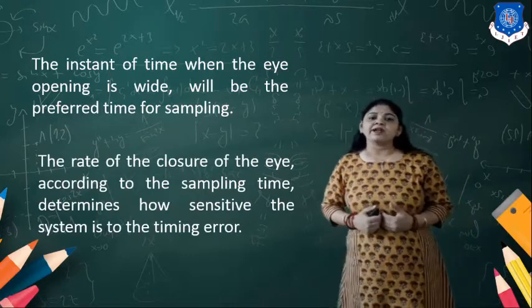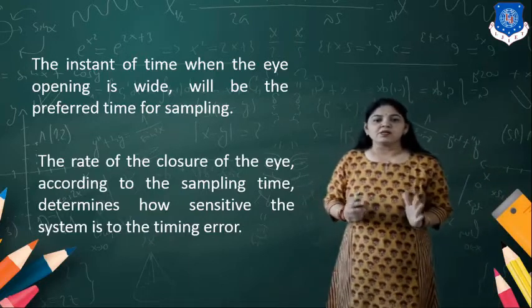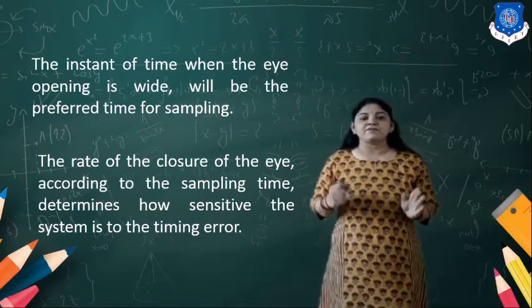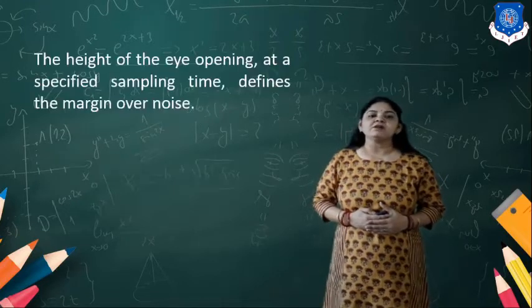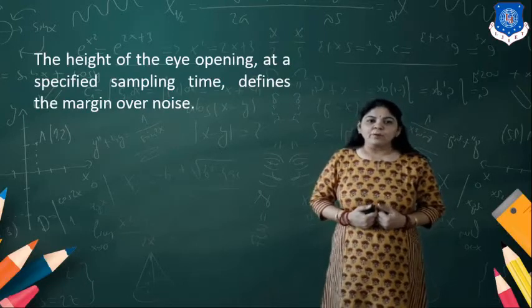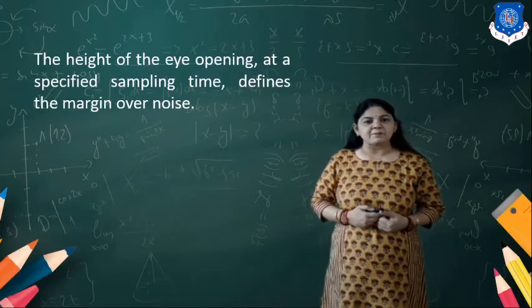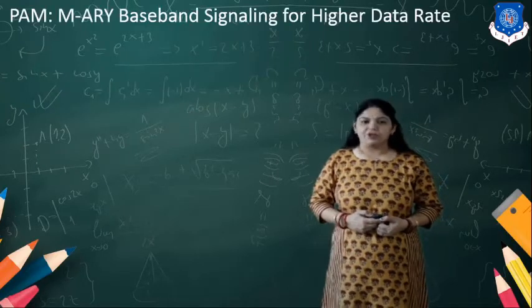The rate of closure of the eye, according to the sampling time, defines how sensitive the system is to timing error. The height of the eye opening at a specified sample time defines the margin over noise.